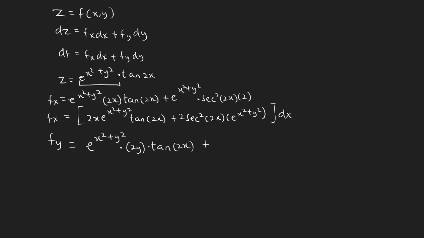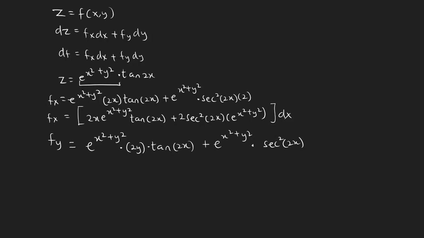Then let's keep e to the power x squared plus y squared as a constant. Now let's differentiate tan 2x. That would be sec squared 2x, and then that will be multiplying the derivative of the expression inside.